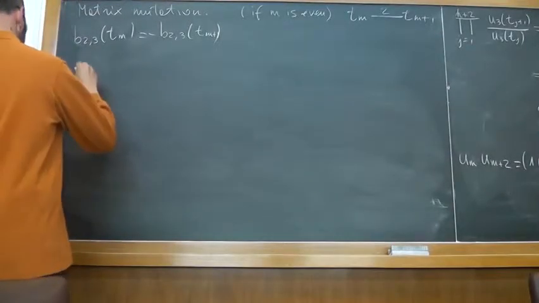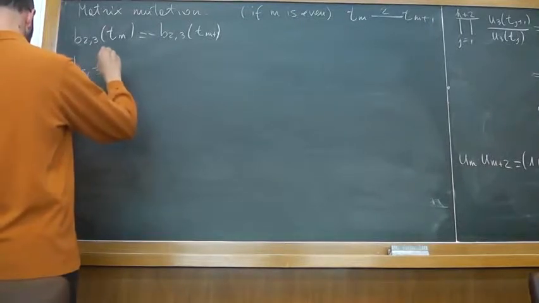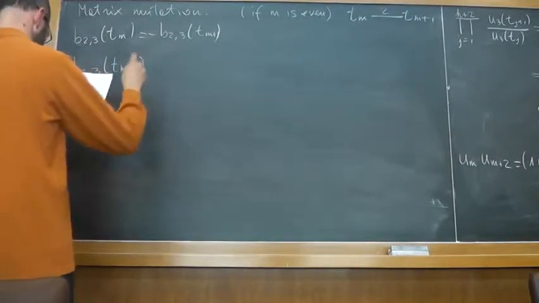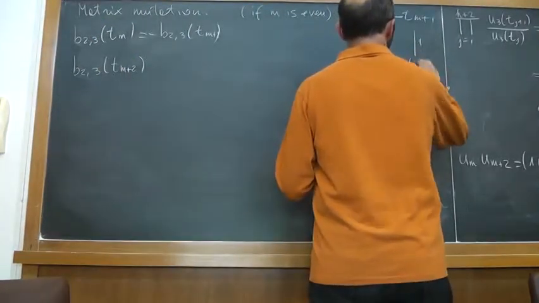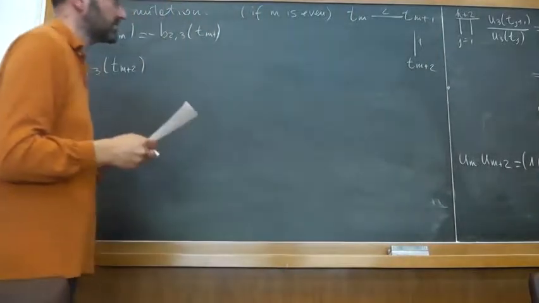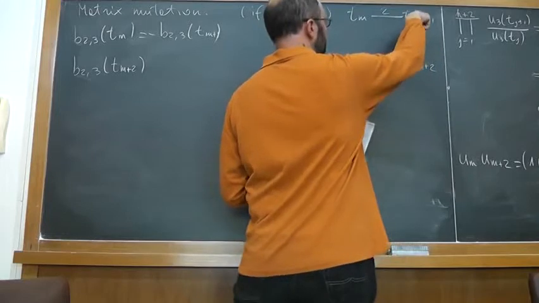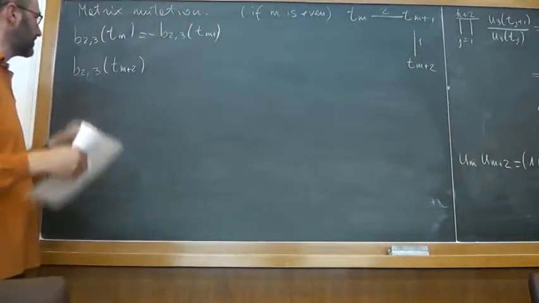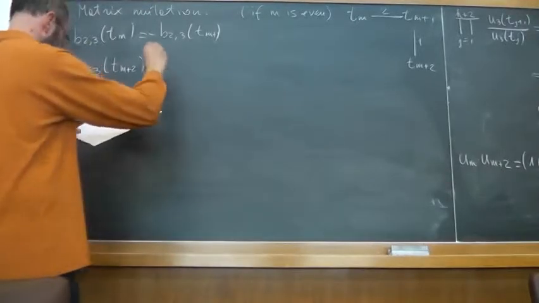Right, in the other case, B23 of Tm plus 2, we want to look at this notation. In this case, these vertices are joined by an edge labeled with 1, which is different from 2 and 3. So we have to apply the other formula for the notation.